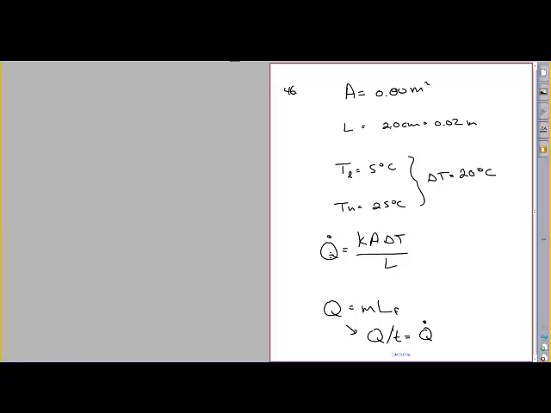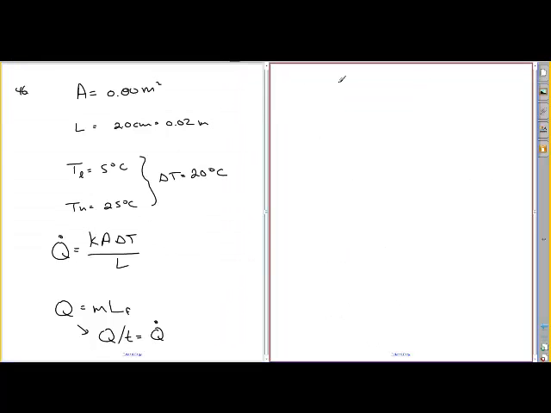So that's how we get the Q dot, and we solve for K. Okay, so what are we going to do first? We're going to calculate Q. So the heat required to melt the ice is going to be equal to the mass, 5 kilograms, times the latent heat of fusion of ice.